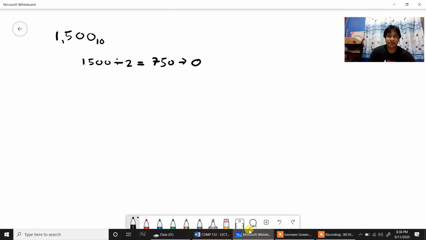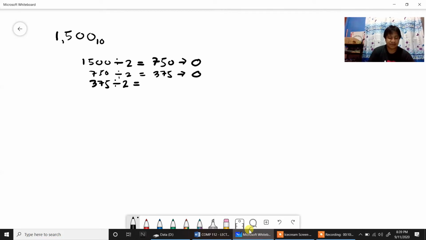Now, 750, okay, divided by 2, okay, 750 divided by 2 is 375. So 375, since this is a whole number, there is no decimal place, so it is 0 again. So we will try to get 375 divided by 2. Okay?